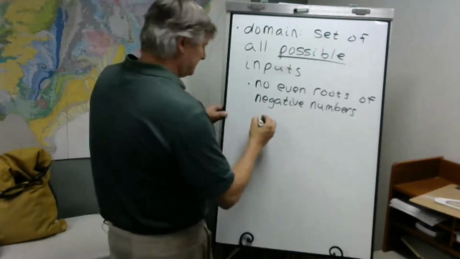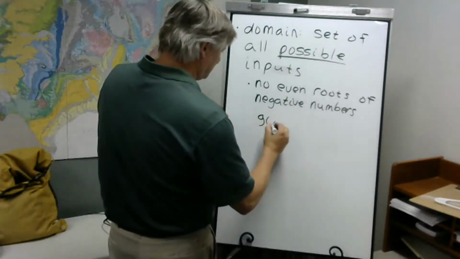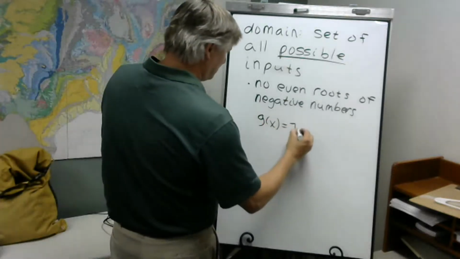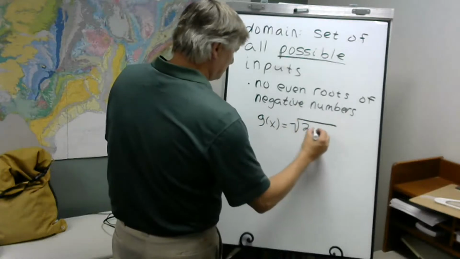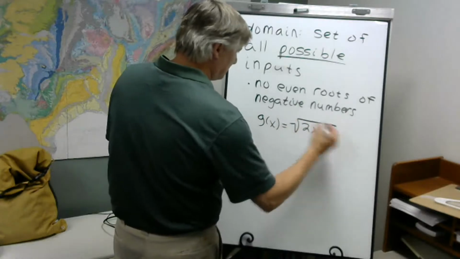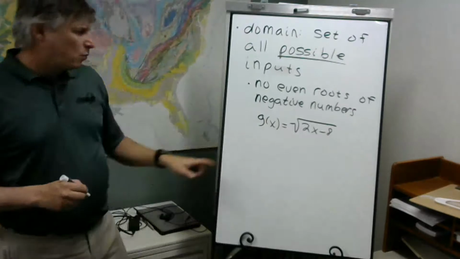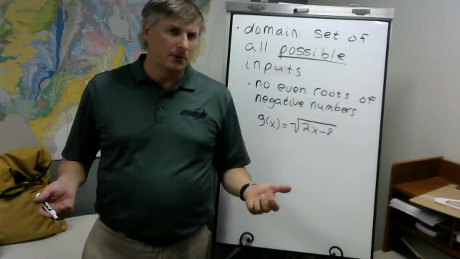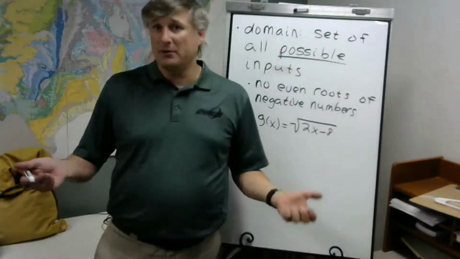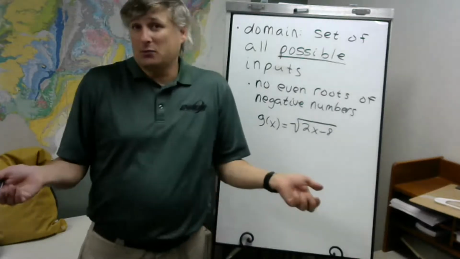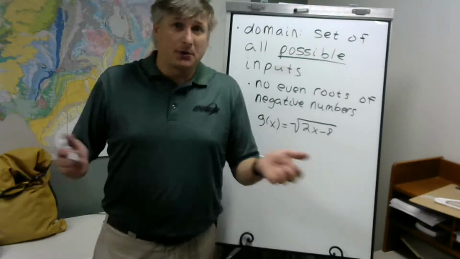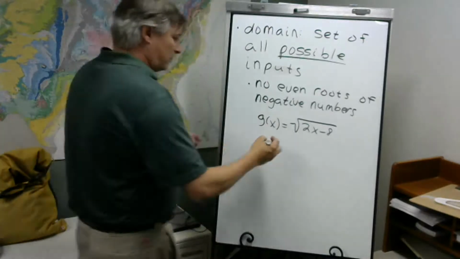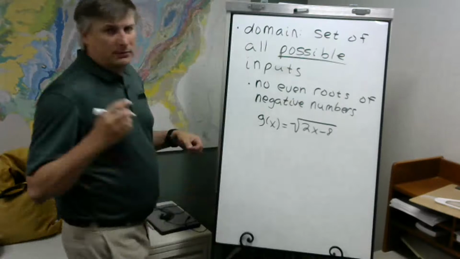Those kinds of things we want to avoid. So for example, let's see if we have this. We want to make sure what's inside the square root is greater than or equal to 0. Now you can take the square roots of positive numbers, that's fine. You can take the square root of 0. Square root of 0 is 0. So we want to make sure this is greater than or equal to 0.